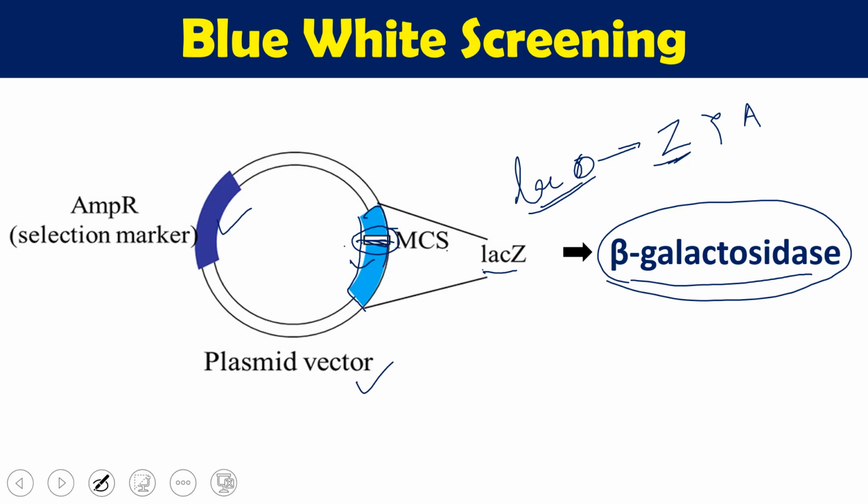If we digest here and insert our gene of interest, the LacZ gene is split, with half of the LacZ gene on one side and half on the other, and in between I have inserted my gene of interest. In that case the LacZ gene has been split, and no beta-galactosidase will be produced. So we are going to detect whether beta-galactosidase is there or not.